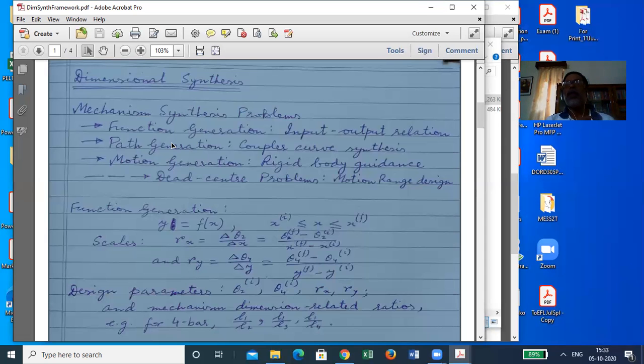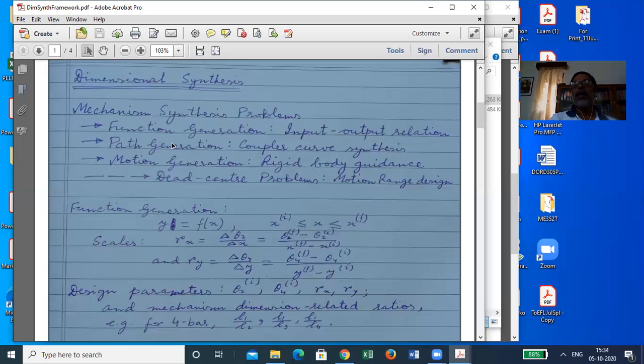It may not be the full curve, and it may not be for the full cycle motion of the crank, but it may be that for a significant part of the full cycle, you want a little straight line, or for a significant part of the cycle, you want this particular segment of this particular curve.